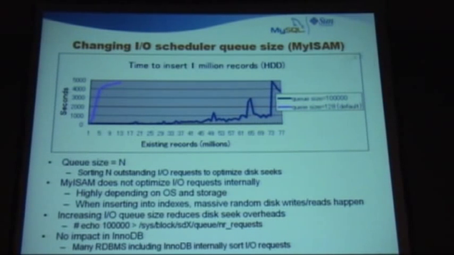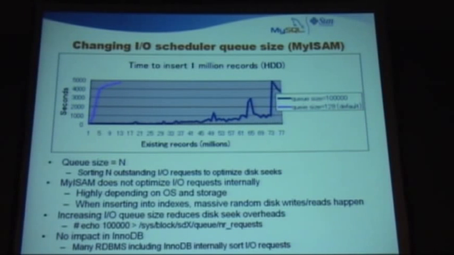This is an example graph: time to insert 1 million records on a hard disk drive. The horizontal axis is the number of existing records. As existing records increase, random reads will happen, so performance gradually gets worse. But with the default queue size, performance was very poor from the beginning because a lot of random writes happen from the start.